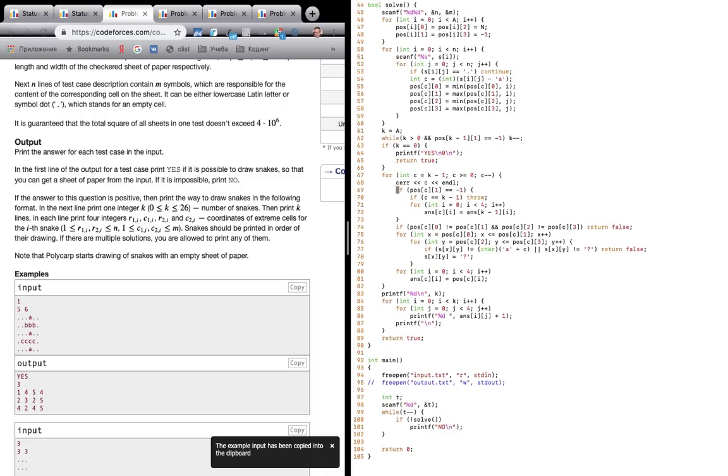I failed in the largest slot. That's interesting. Oh, it should be and here.